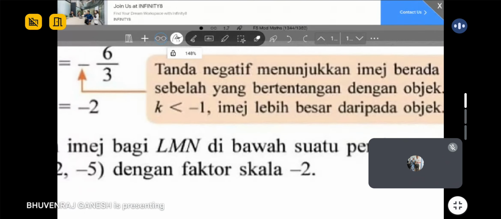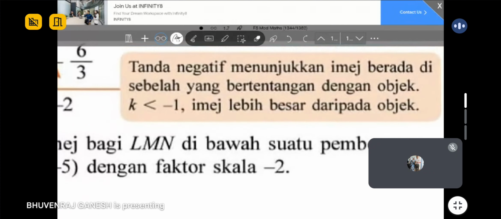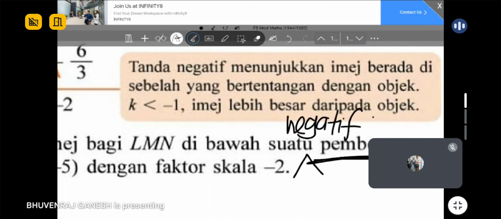Okay, so one more thing guys. When you write, bila kamu tulis enlargement, kalau pembesaran dia negatif, kamu tahu dia negatif, is a negative enlargement, jangan kamu tambah perkataan negatif kat sini. Don't use the word negative here. If you write -2, okay, you just say enlargement.